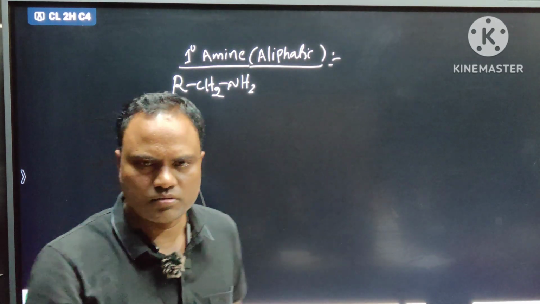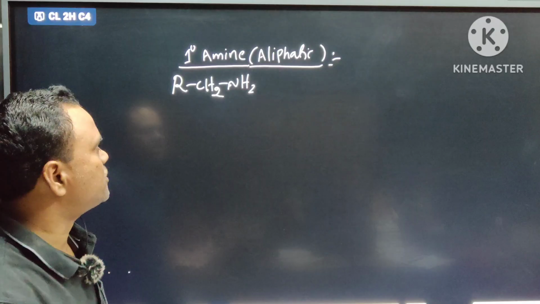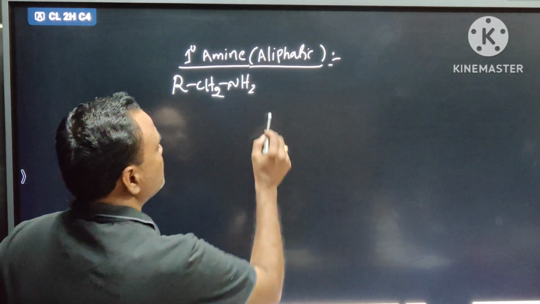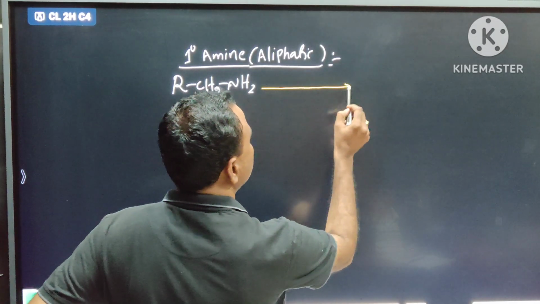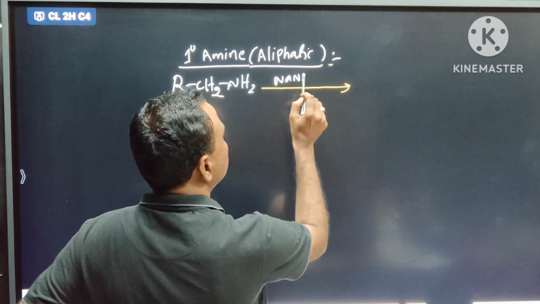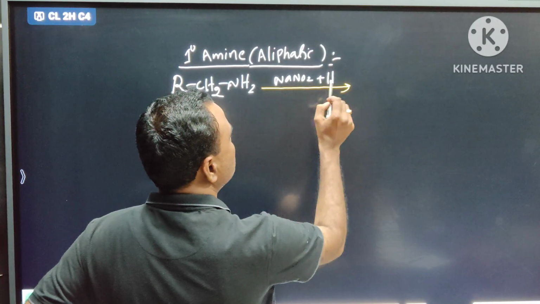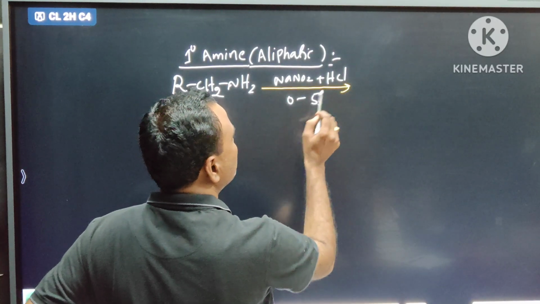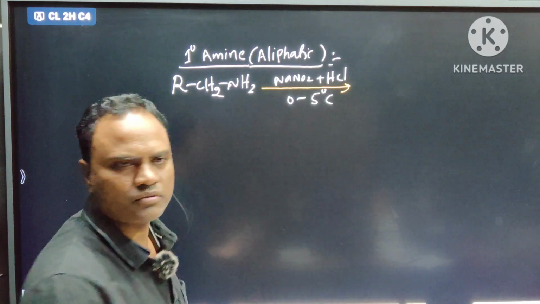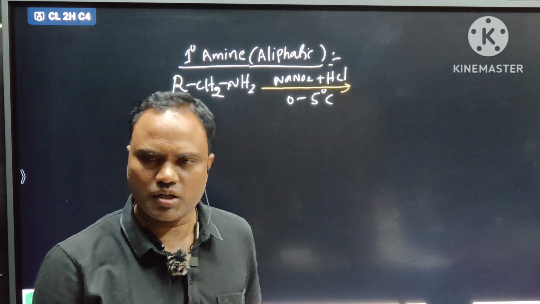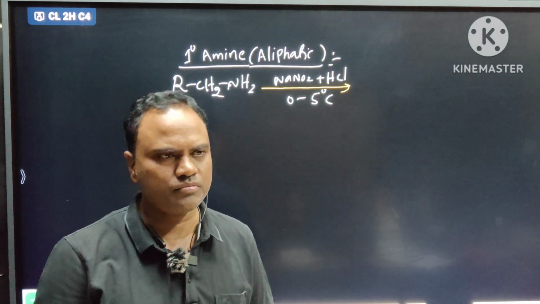We wrote the chart. Okay, brief discussion about the chart. Tell me, primary amines when treated with NaNO2 plus HCl at 0 to 5 degrees centigrade release colorless gas, that is nitrogen, right?